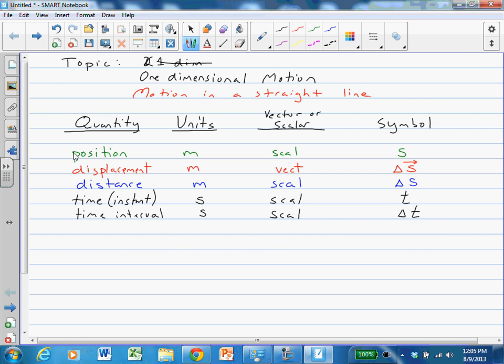How about velocity? Velocity is measured in meters per second, a derived quantity. It is a vector quantity, and it's given the symbol v with an arrow for vector quantity. Speed is also measured in meters per second, but it is the scalar version of velocity, and that's just v.